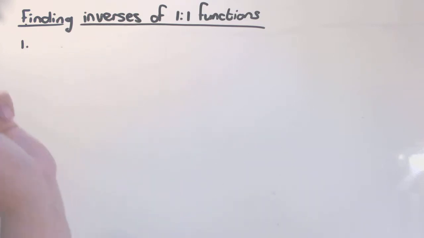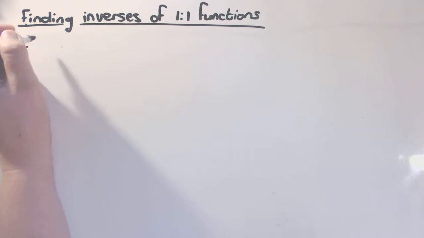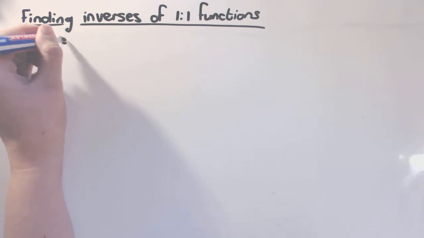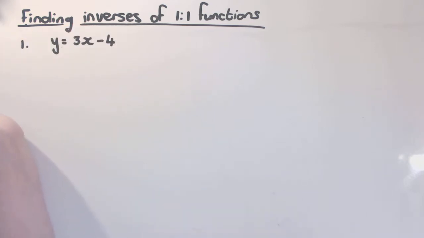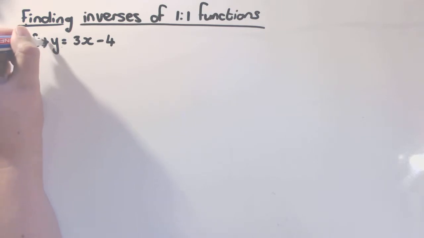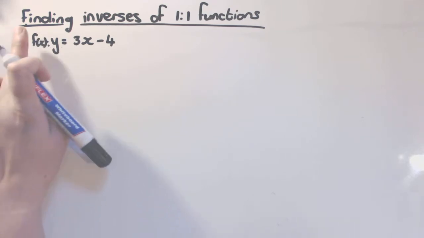Alright, so for example, say for instance I have the straight line y is equal to 3x minus 4. This is a function given to me.